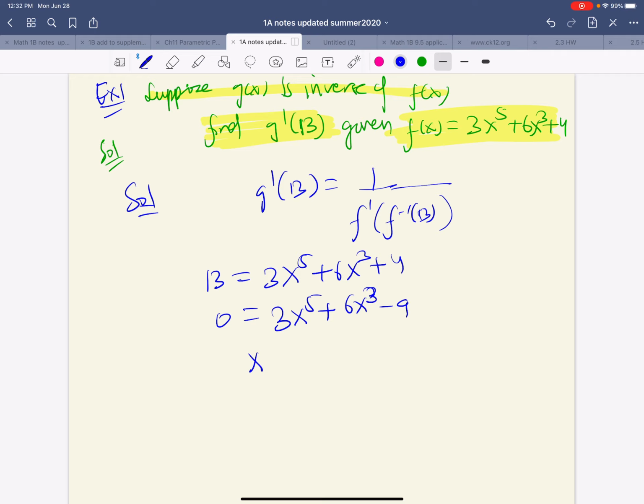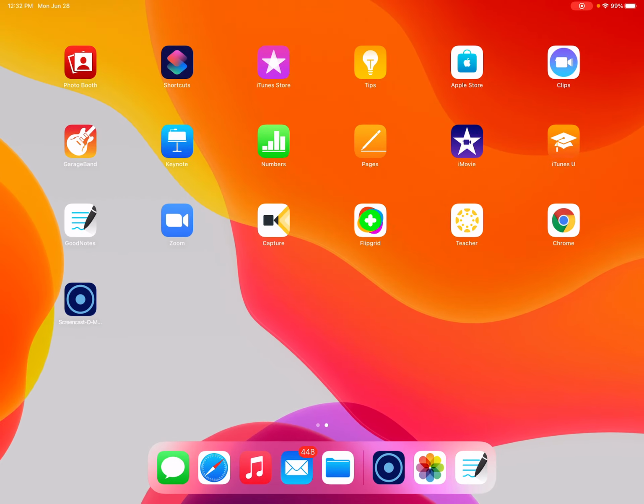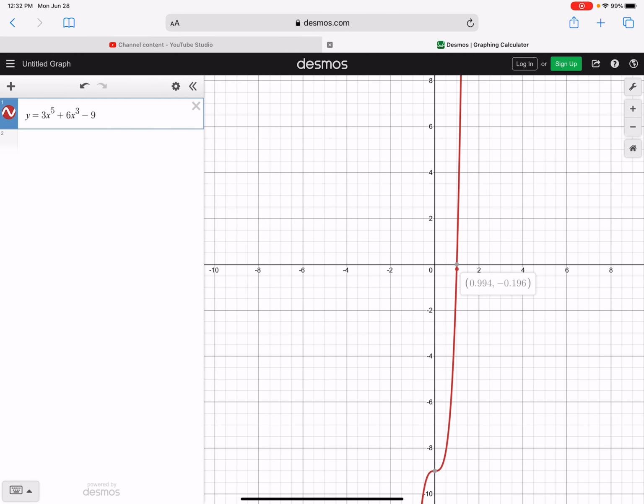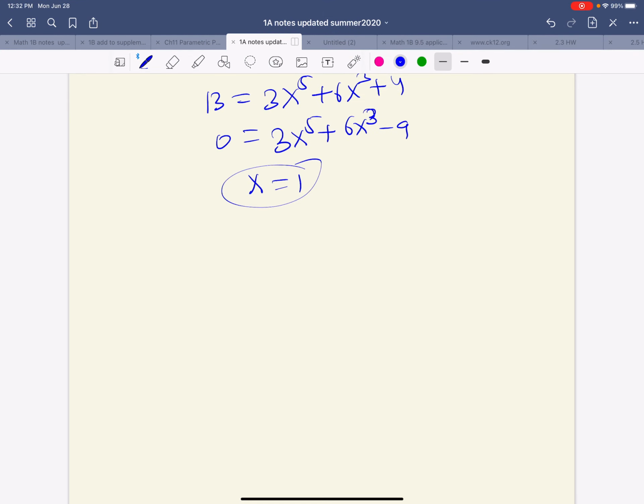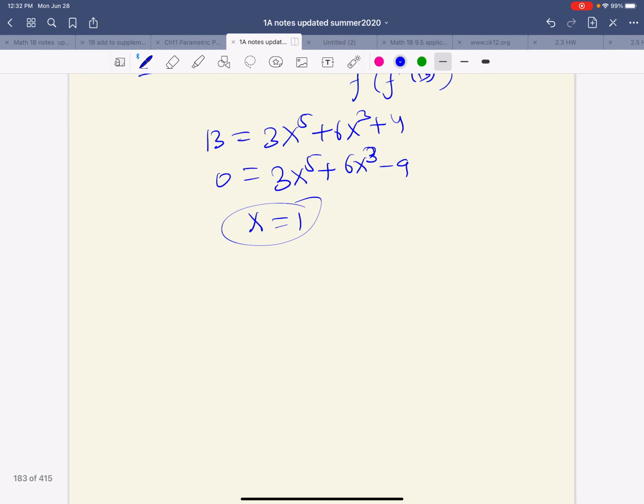I already have it on Desmos. I graphed this function on Desmos, and we can see it only crosses the x-axis at the point 1. So x equals 1 is a solution for this equation. That means the point (1, 13) is on function f.